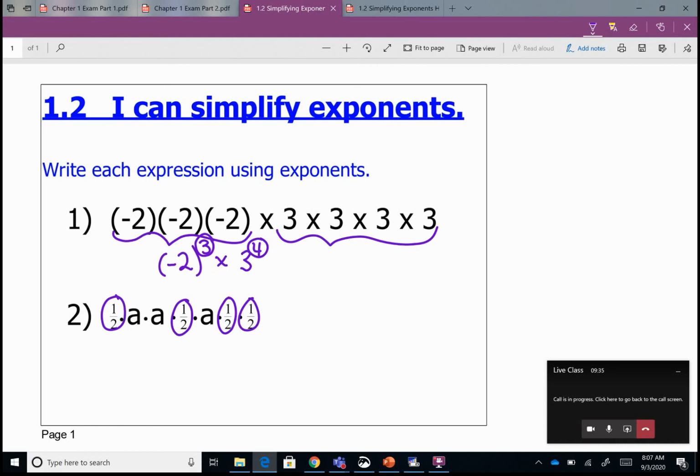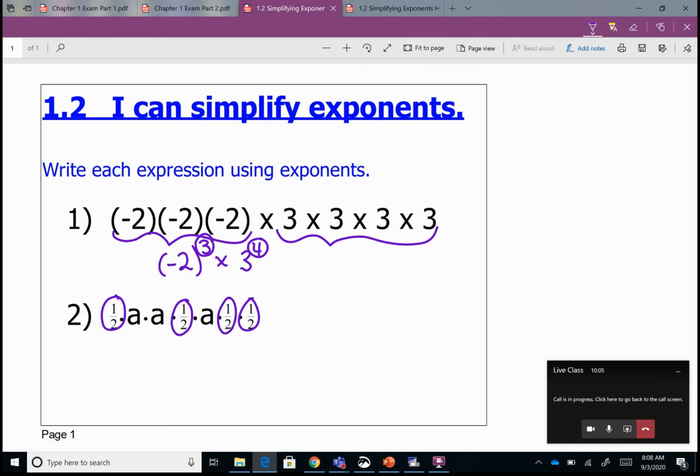I don't know if you guys have ever really named some of the properties you can use when you multiply, but there's a property in multiplication called the commutative property. I won't ever test you on the names of those properties, but the commutative property tells us I can multiply things in any order I want. So that entire second question is all multiplication, and I can rearrange it however I want.